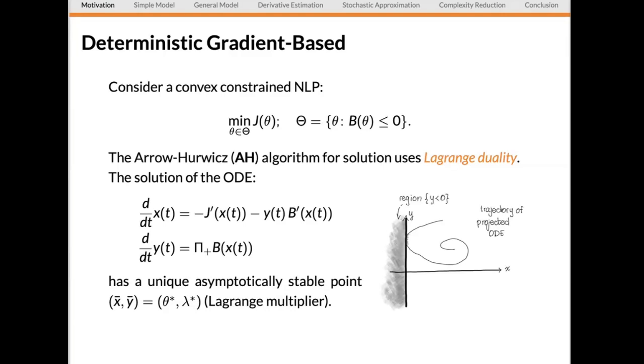So this algorithm is known to work. I put a little picture here in case you're not familiar with it. What does a projected differential equation mean? It means that this component, on the y side, cannot go below 0. This is known to have a unique asymptotically stable point at the optimal point.